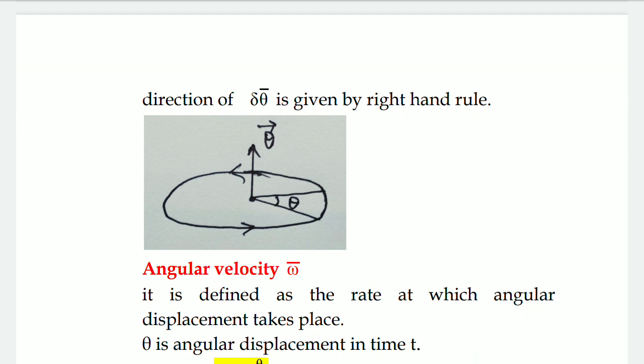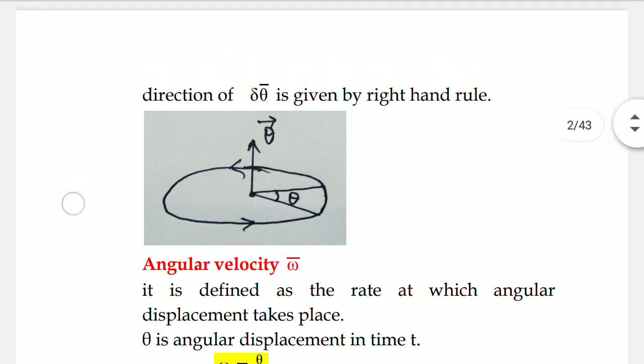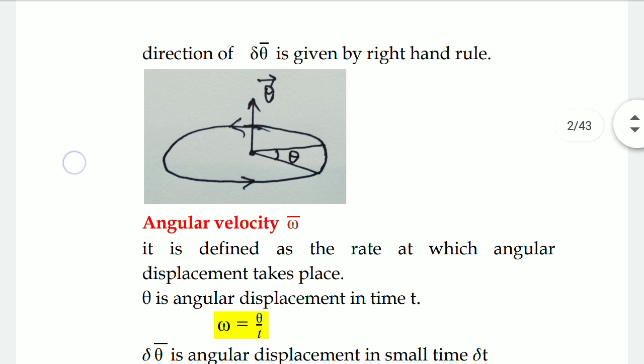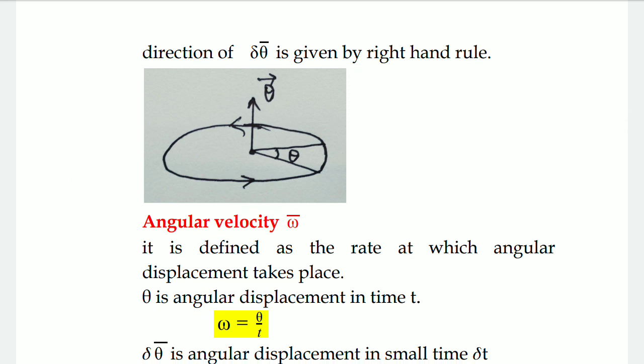If you consider in this diagram the object to move in the anticlockwise sense, delta theta is going to point in the upward direction, whereas if the particle starts moving in the clockwise sense, the angular displacement vector will point in the downward direction.